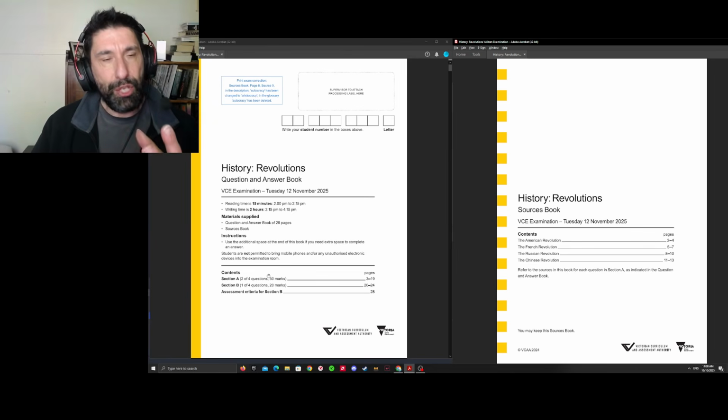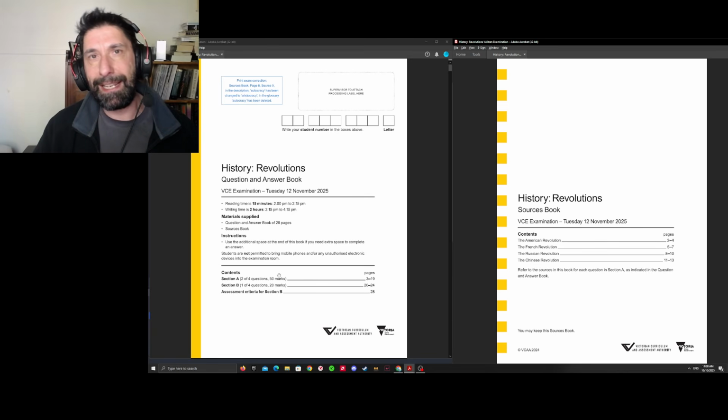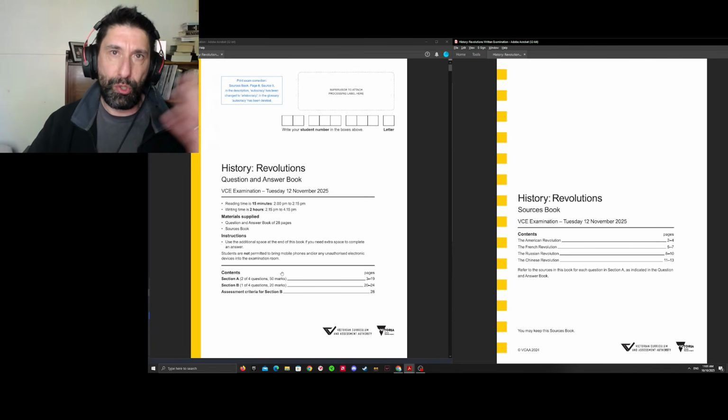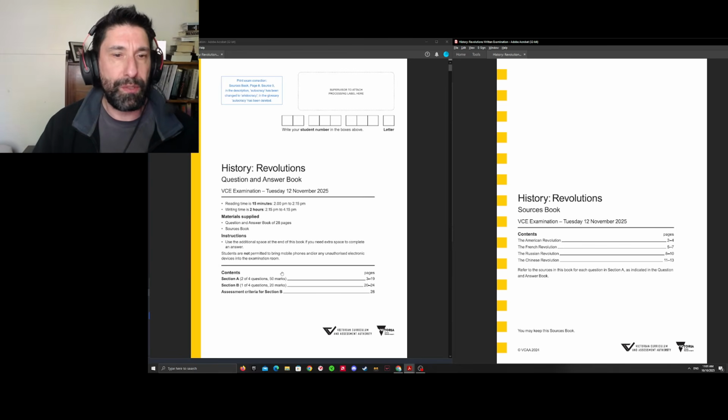You can then use the time you've saved to add a few minutes here or there to the 35 minutes that you usually have for writing the essay, or you could allocate that time to your 10 or 9-mark questions, which are very, very important. They're the ones that really differentiate the good students from the not as good students.